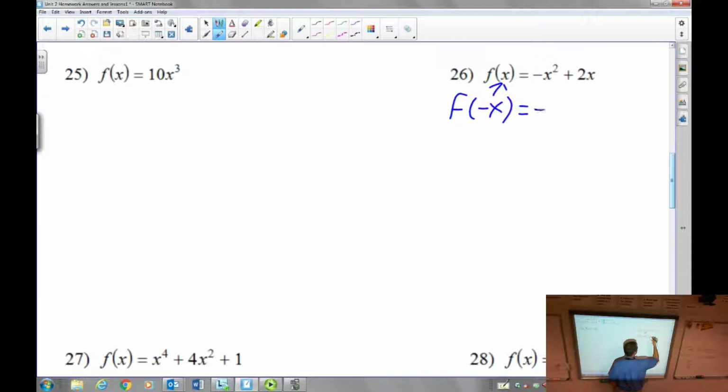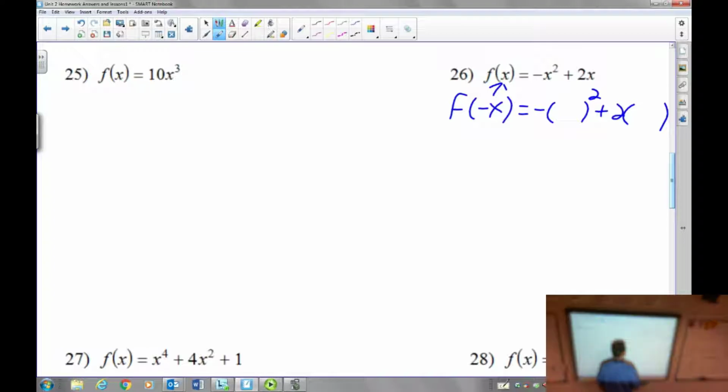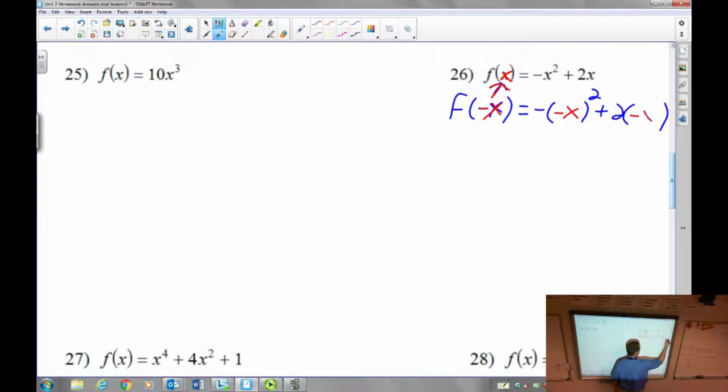So we'll put a negative x there, and then see what happens. Then we'll know if our function is odd, even, or neither.